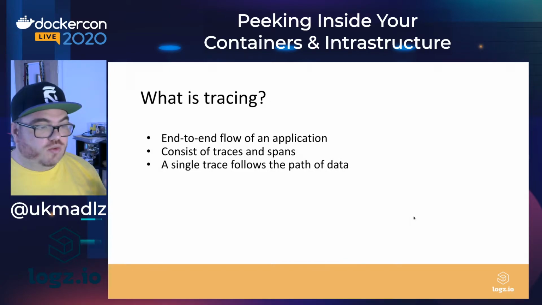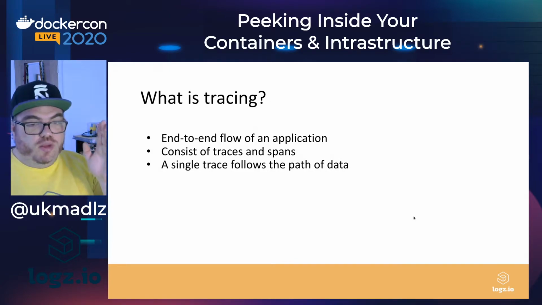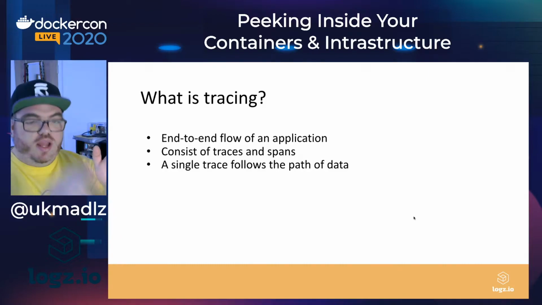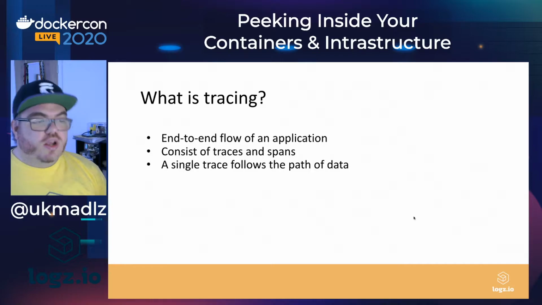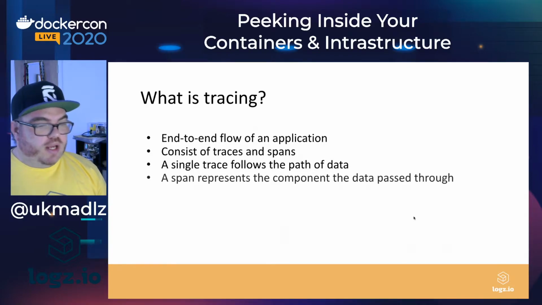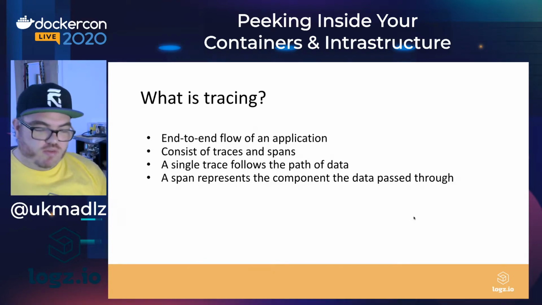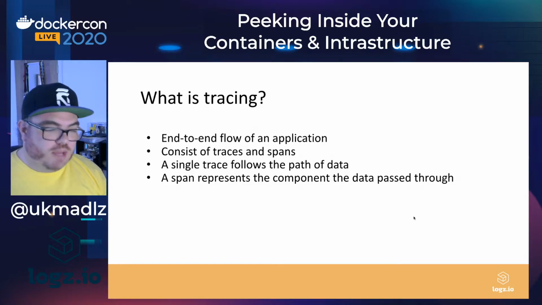A single trace will be the single path the information takes. If it goes from the single top layer application into another layer and another layer and another layer, that will be a single trace. And each of those components will then be made of spans. So layer A, layer B, layer C, the way the information is processed through those will be individual spans.